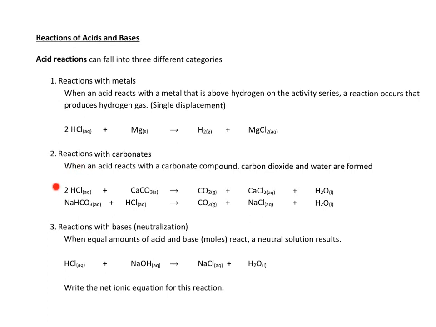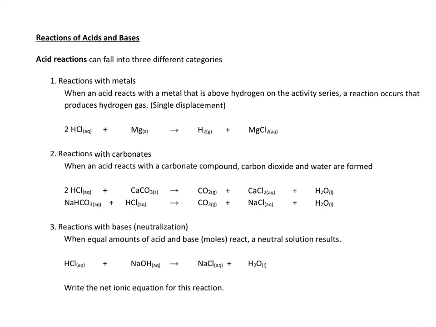Carbonates. If you have an acid and a carbonate, you will form carbon dioxide, water, and an ionic compound. The ionic compound will come from the negative ion in the acid and the positive ion in the carbonate.